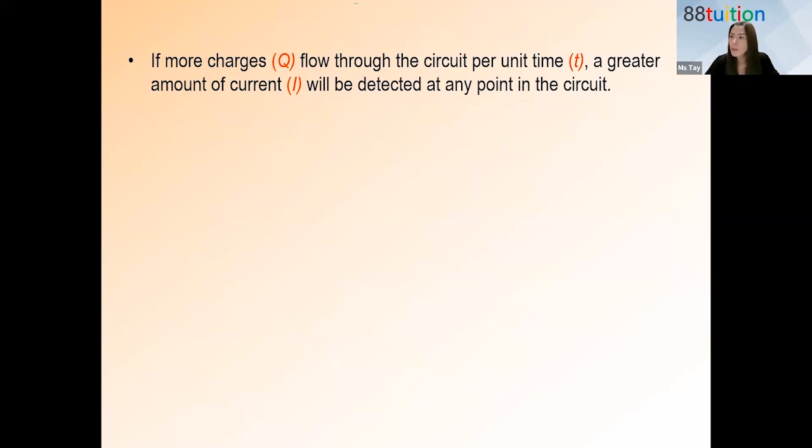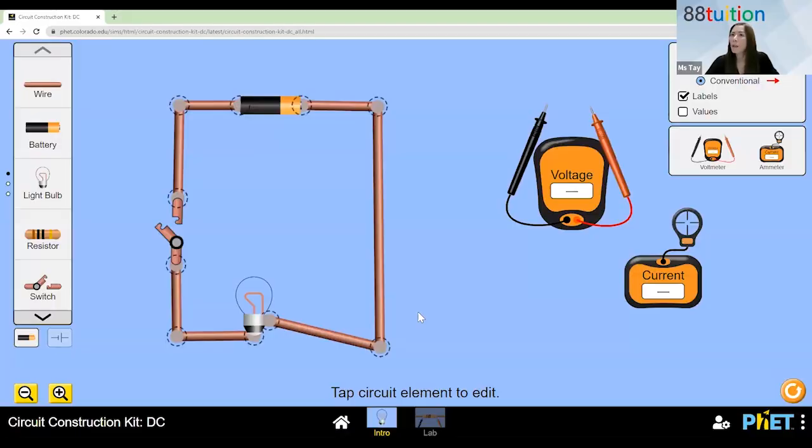Have you all used this application called PHET? P-H-E-T. Have you all seen that before? It's actually this one. Let me just show you. It's pretty fun. You can actually practice setting up your own circuit. Can you see my screen? So this is the application.